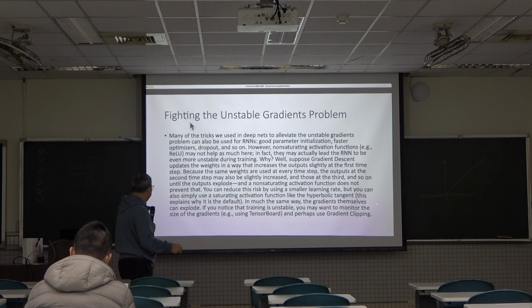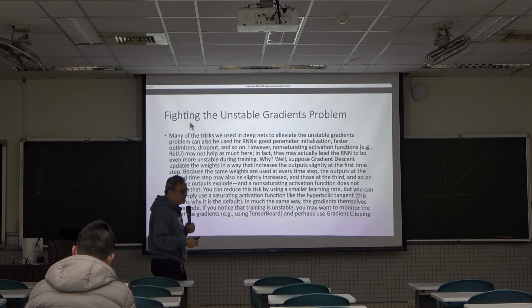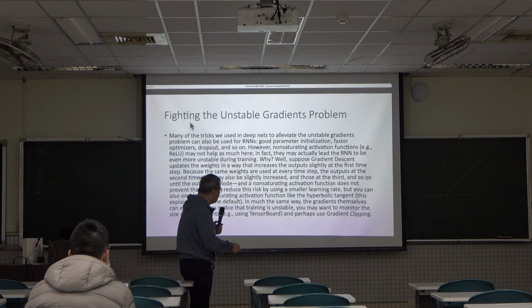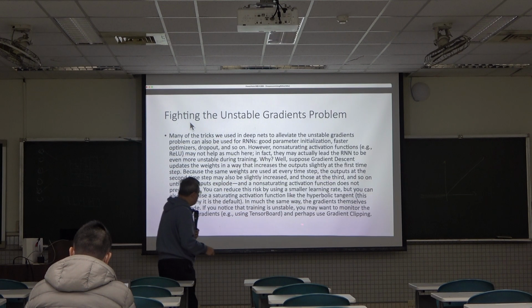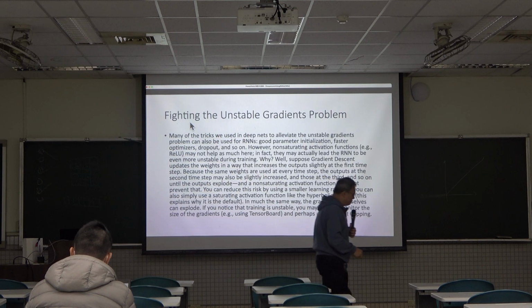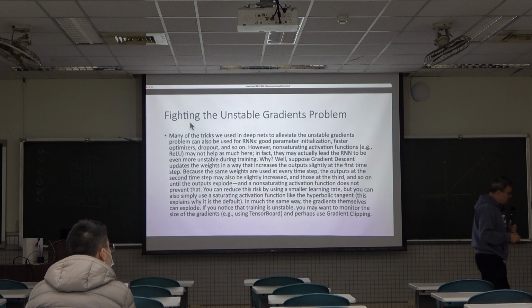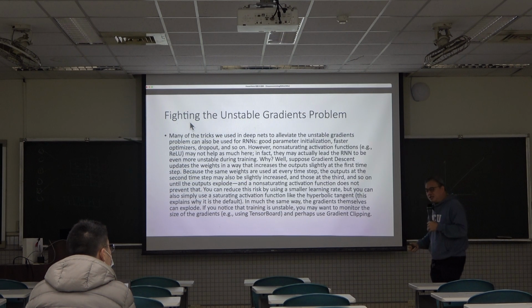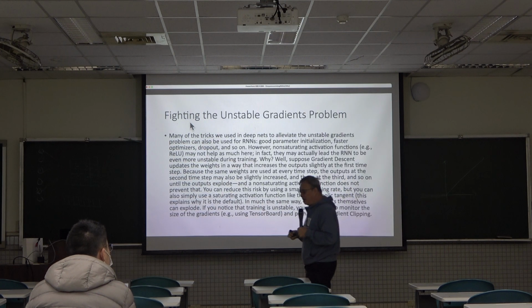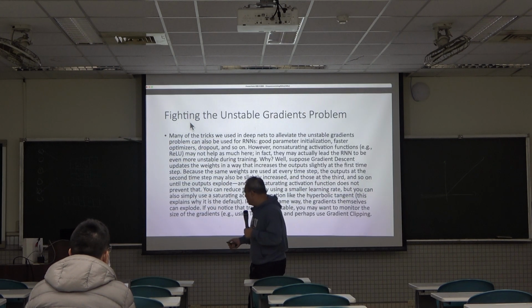The gradient may also explode. If you notice that training is unstable, most of the time it is because of the exploding gradient, so you may want to monitor the size of the gradient. How do we monitor it? We talked about TensorBoard, which allows you to monitor the gradient during training.